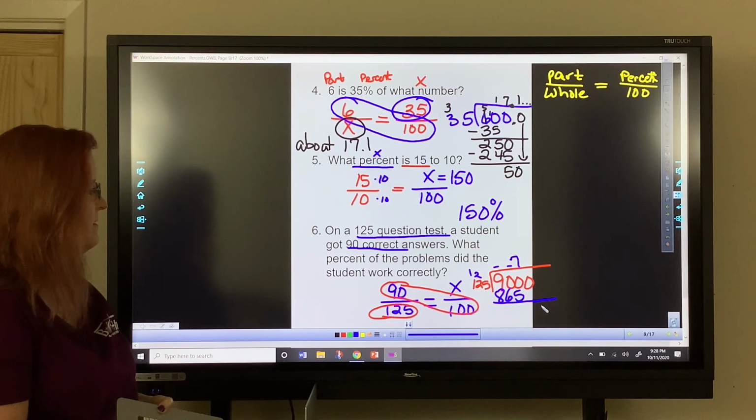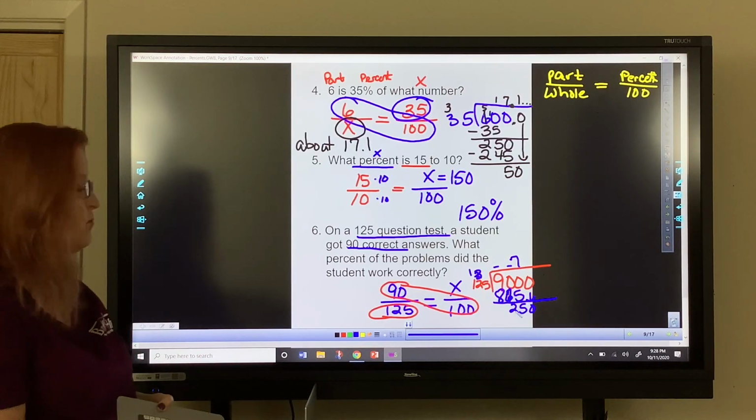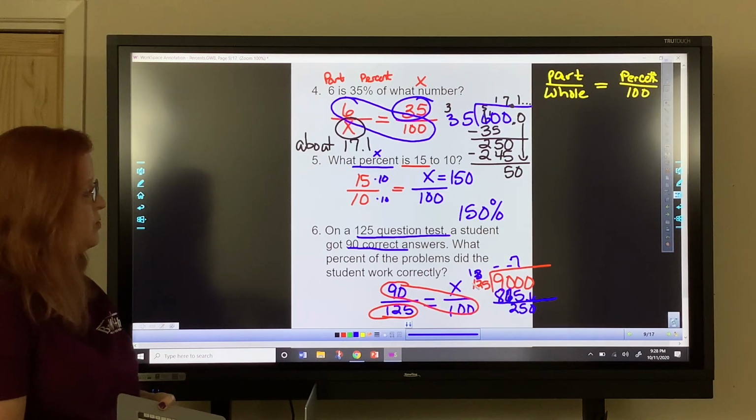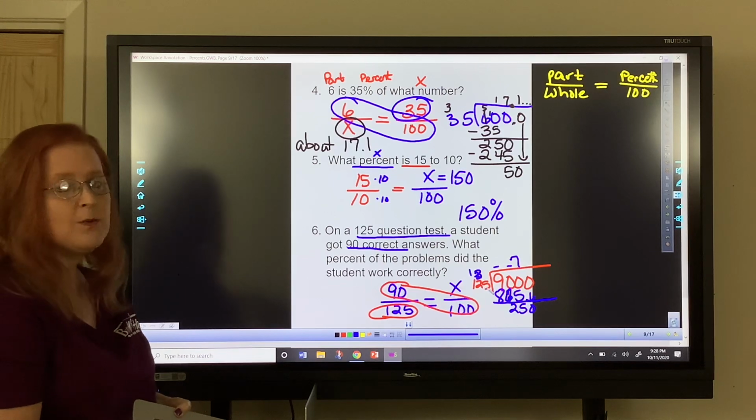65, that should not be right. 35, carry the 3, that should be a 7. So then that brings down 25, bring down the 0, and it's okay to make mistakes. You can fix them. How did I know that it wasn't 65? Because 25 doesn't give you a 65.